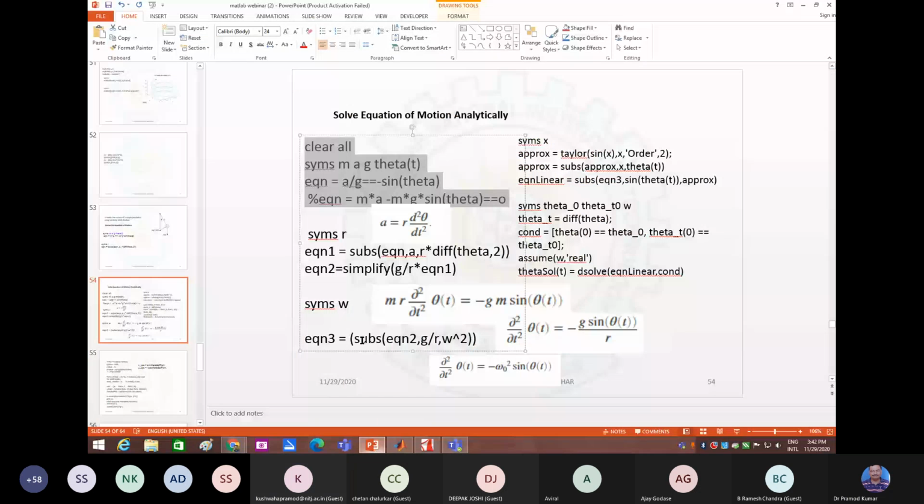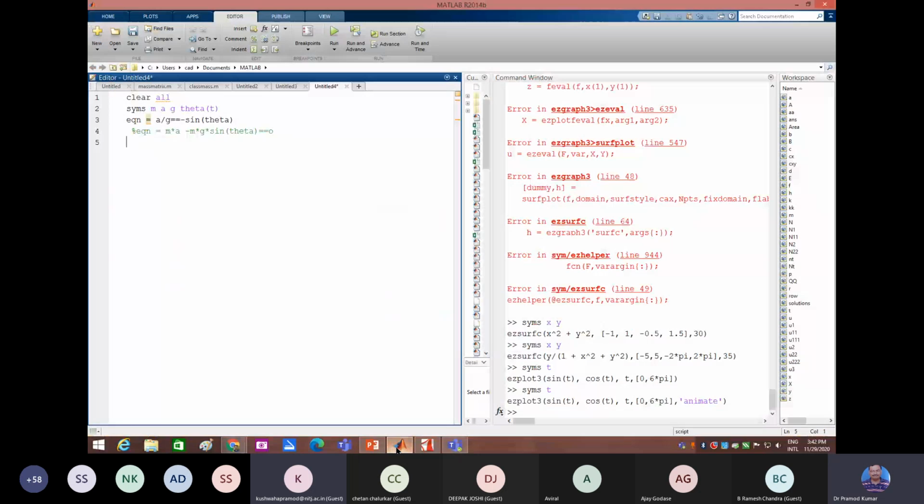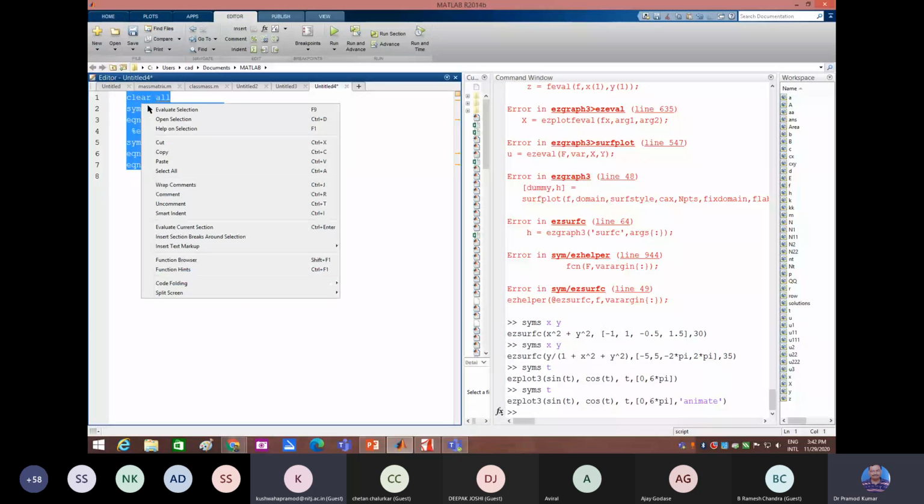After that, we have defined, and then we will use this relation here. Simplify this, we can see here. There it is. We'll see the substitute R.